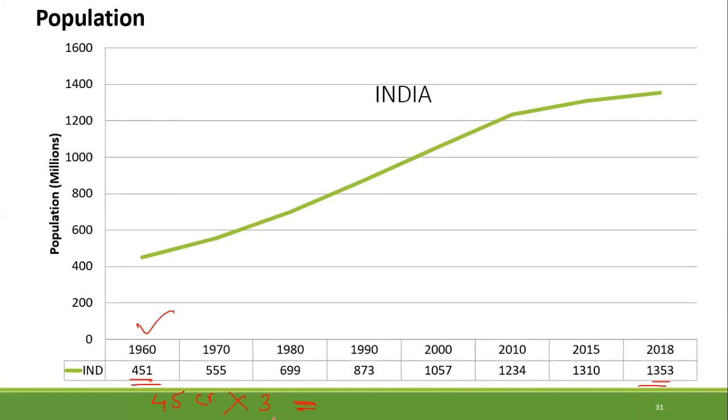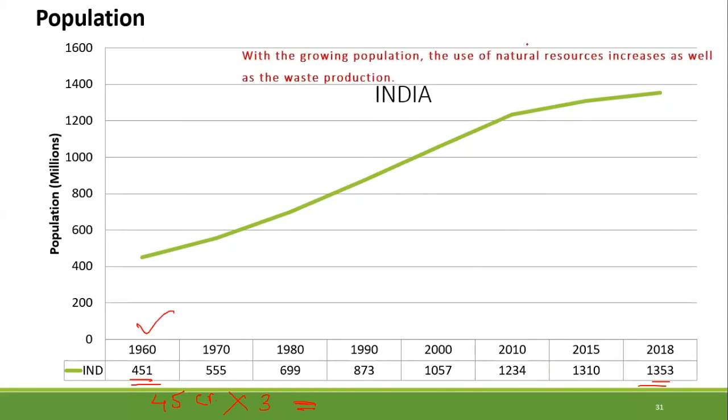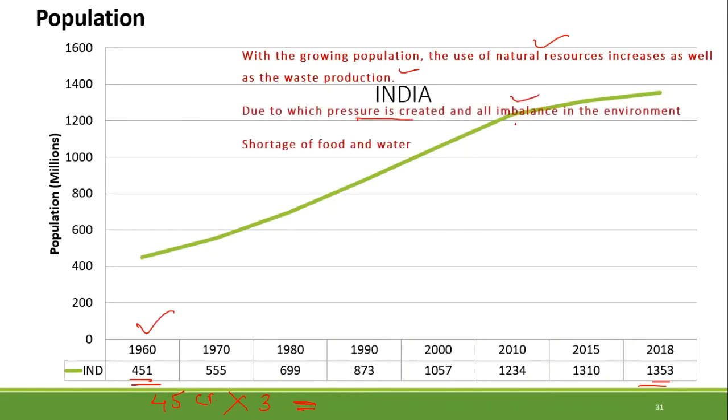Correct. So when population increases, the use of natural resources also increases, as well as waste production. These two go hand in hand. Due to which pressure is created and there is imbalance in the environment. There is shortage of food and water. There is depletion of resources and biodiversity because we need houses, and we need furniture and all this.